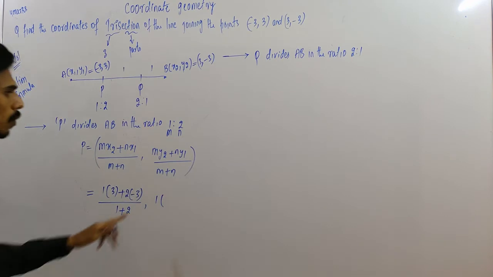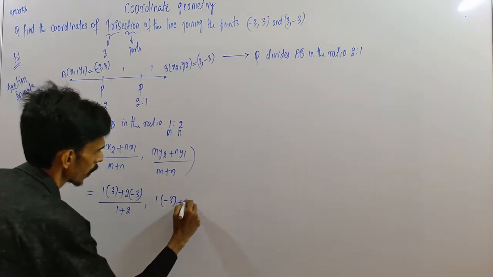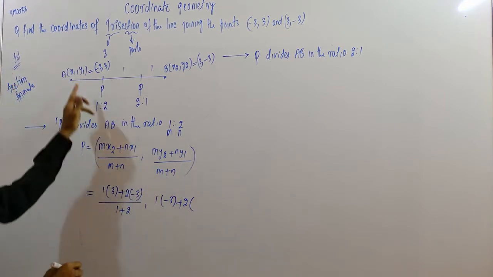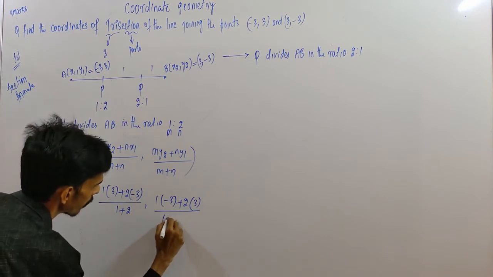Now 1 into y2, y2 value is -3, plus 2 into y1 value 3, divided by 1 plus 2.